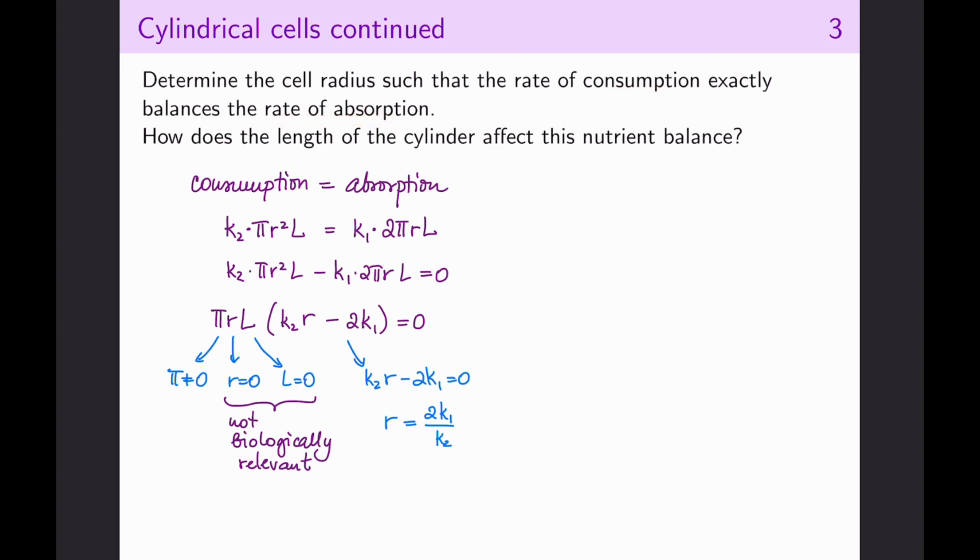Now, in order to get a real handle on this, let's actually sketch what we have so far. Now, we've already decided that our radius and our length have to be positive in order to be biologically relevant.